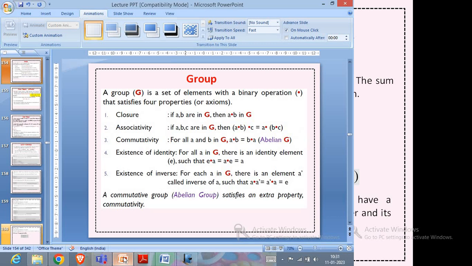The second property is where we are discussing if A, B, C are in G. So there are three elements A, B and C. If they are in G, then A operator B operator C, in general terms, that is a binary operator, is equivalent to A dot B dot C, where again the dot has the same meaning of binary operator.